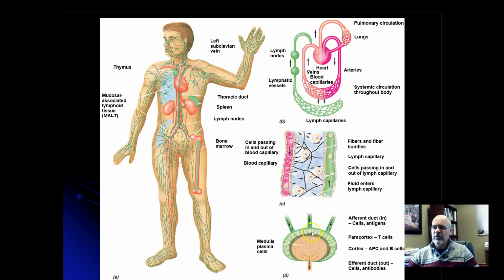Eventually, if this is a lymph node that's been cut open here, the fluid comes in, passes through here, and it exits through what we call an efferent lymphatic vessel or lymphatic duct. And eventually all of those fluids drain back into the left or the right subclavian vein.